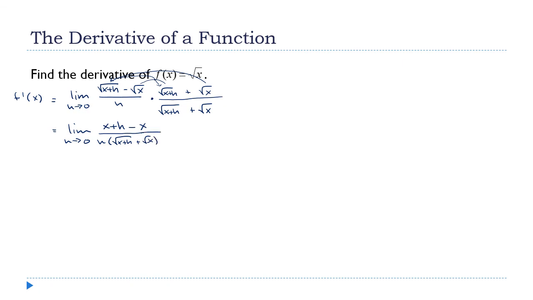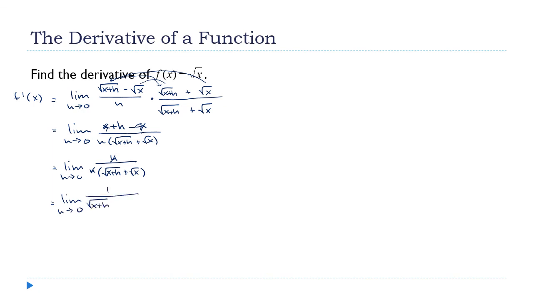All right, so let's see. x minus x, that's just 0. Those cancel. So this is the limit as h approaches 0 of h over h times the square root of x plus h plus the square root of x. The h's cancel, right? And that's nice because it was the h in the denominator that was making it 0.